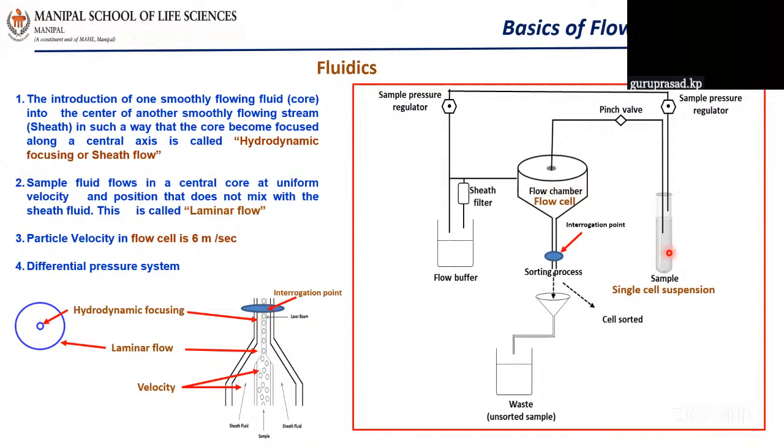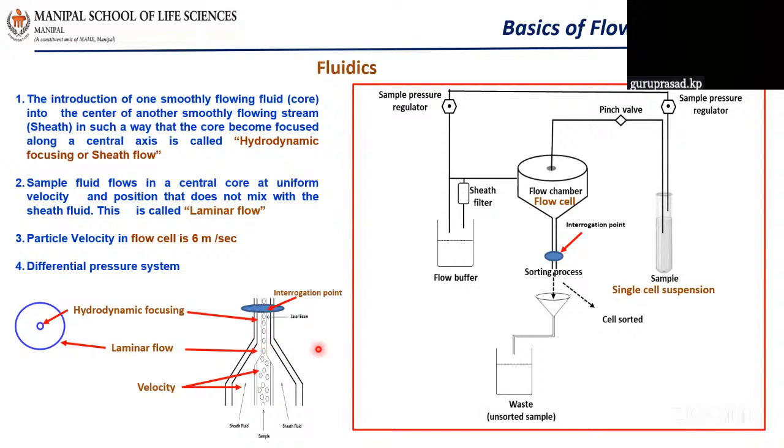What actually happens here is that when the cells are moving in a capillary tube, they are haphazardly distributed. When they are injected into the flow chamber, they move at the center of another fluid, which is the fluid coming from this tube.